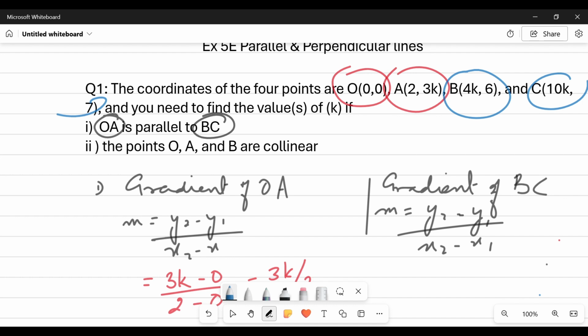When we substitute in the formula, the gradient of BC is y2 minus y1 over x2 minus x1. y2 is 7, y1 is 6, x2 is 10k, minus 4k.